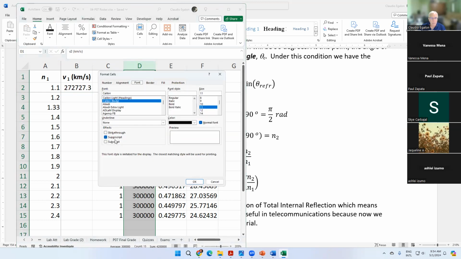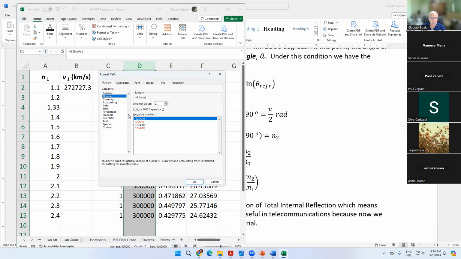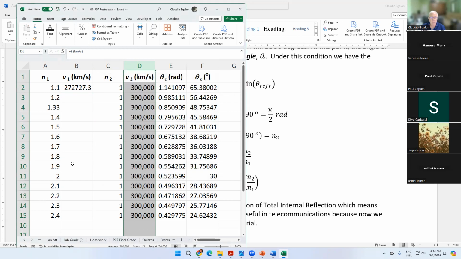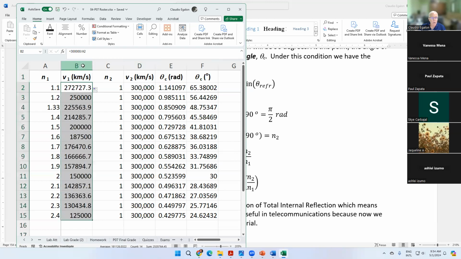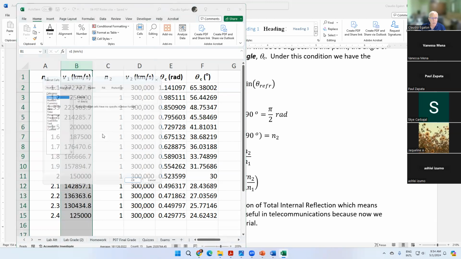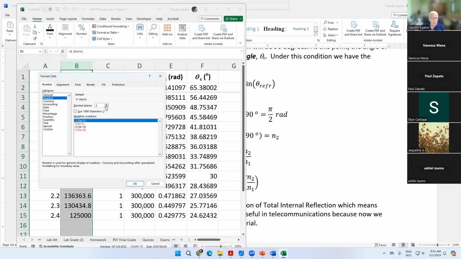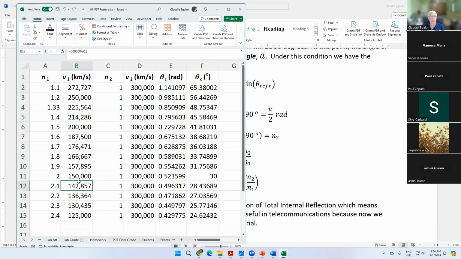Format cells, font, number, 1,000 separator. I'm going to use 1,000 separator here as well. Here you go. As we increase the refractive index, the speed of the light decreases, right?